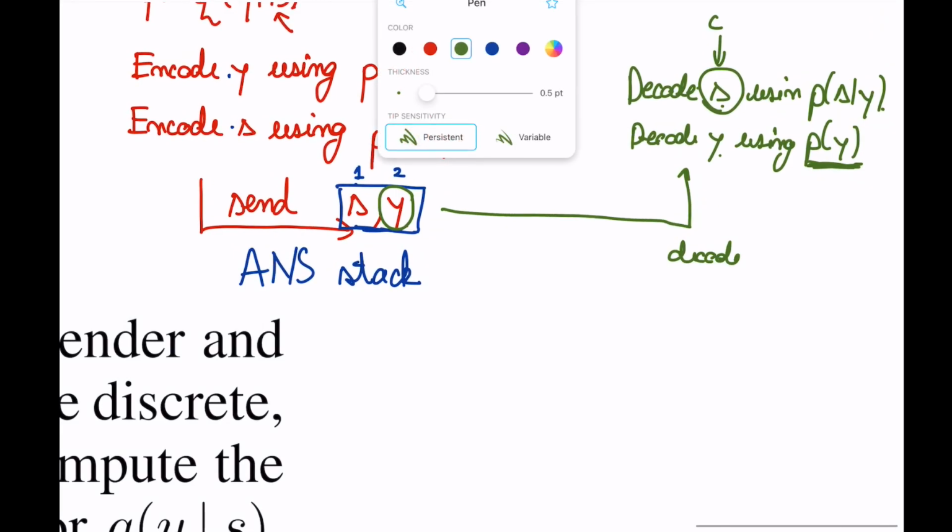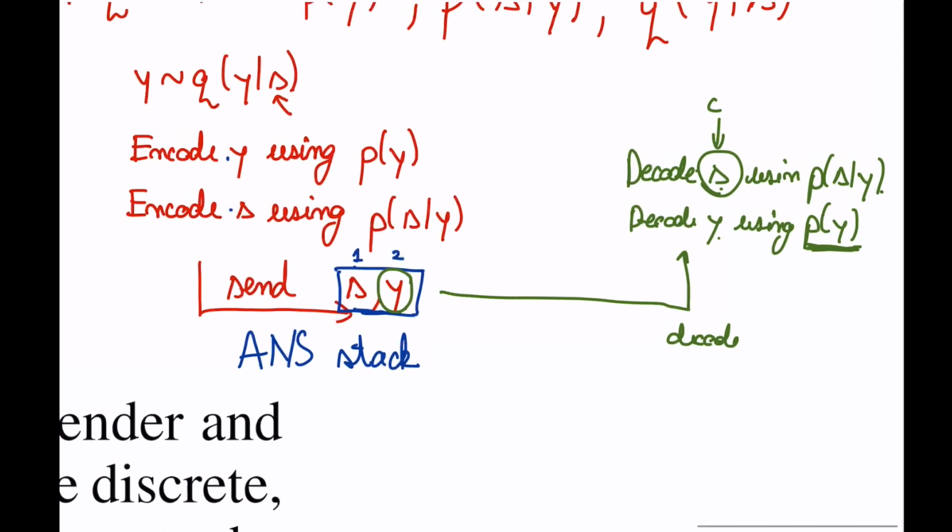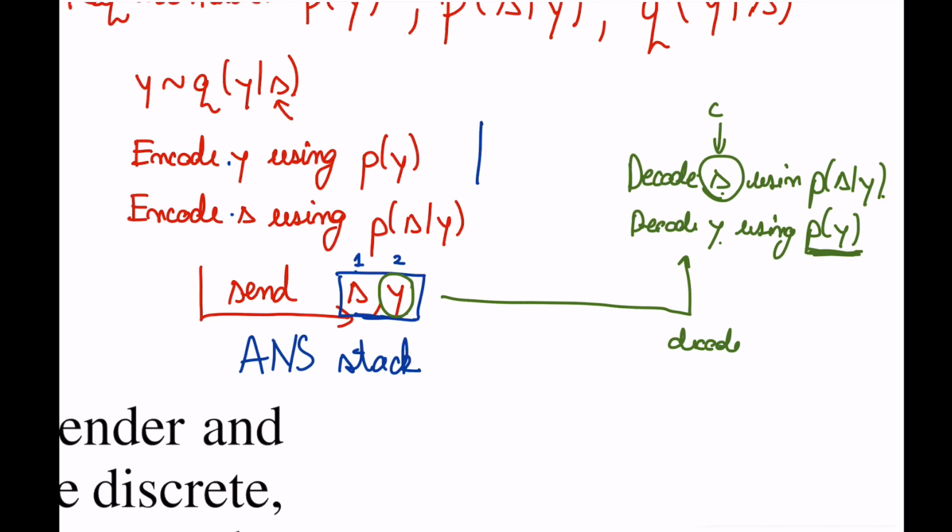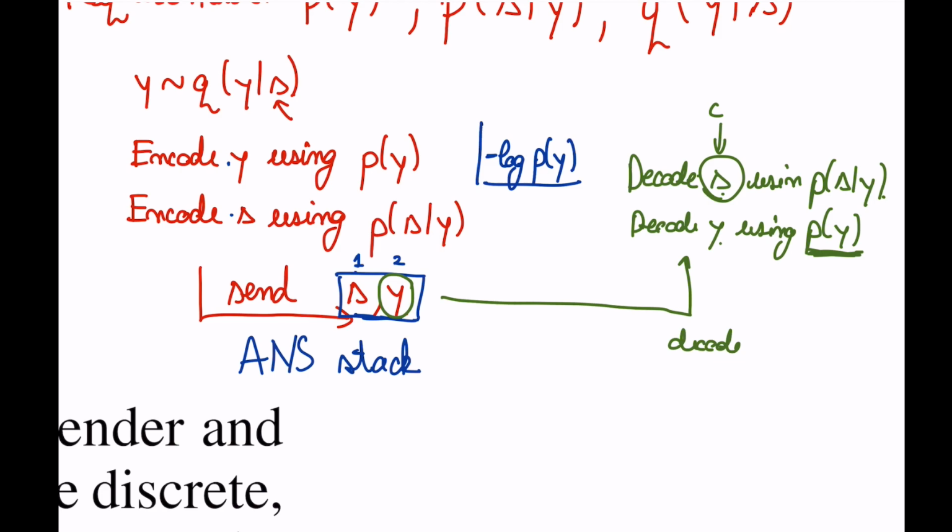And let's think about how many bits we used. So here to encode Y, we use approximately minus logarithm P of Y. This comes from the entropy, the information theory knowledge, right?